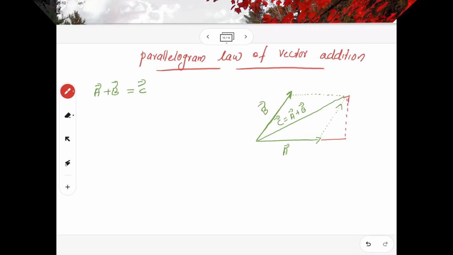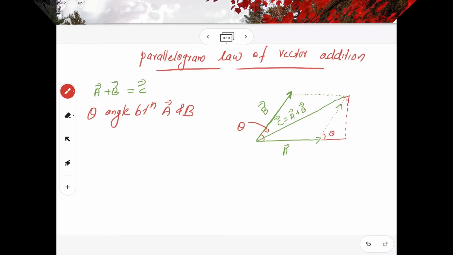I am going to consider theta as the angle between vector A and B. What is theta? The angle between A and B. So this is my angle theta, and this will also be theta.